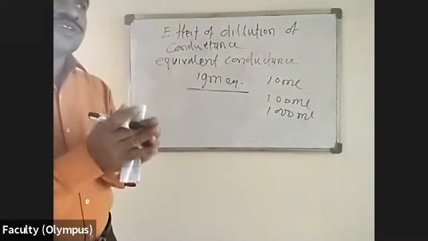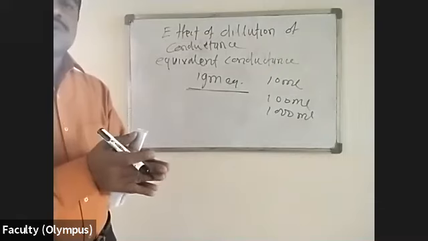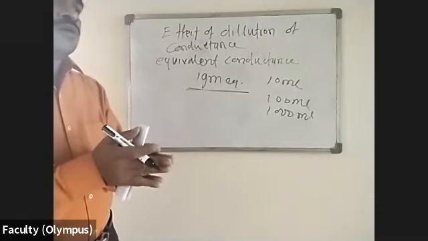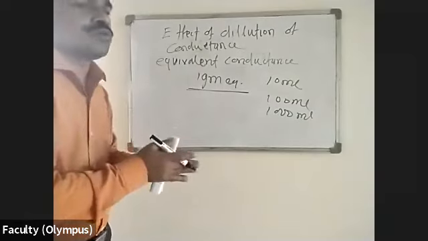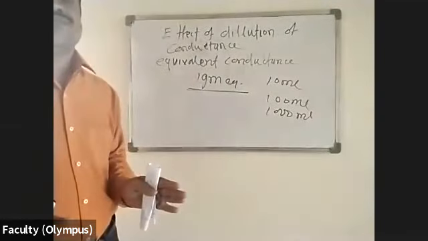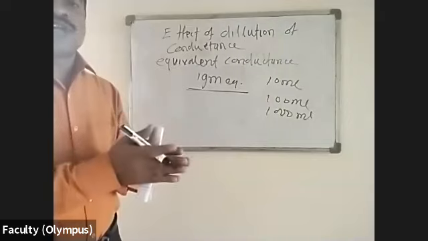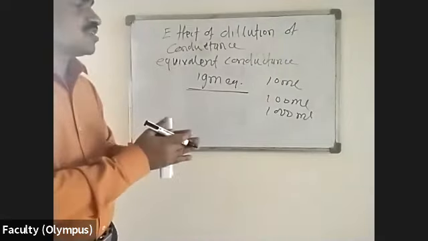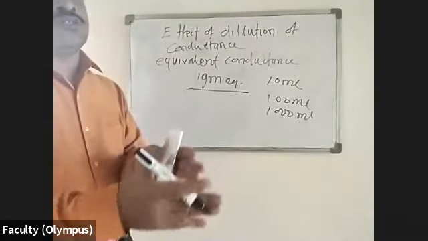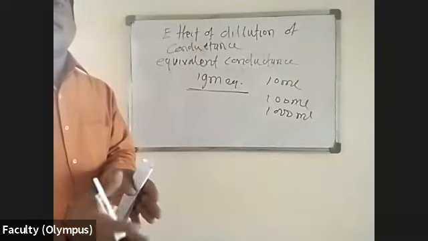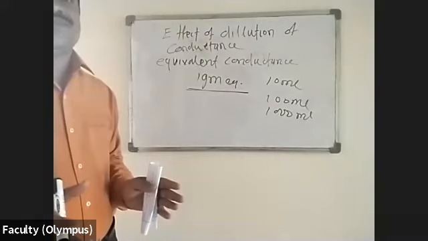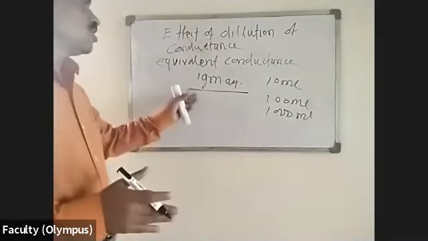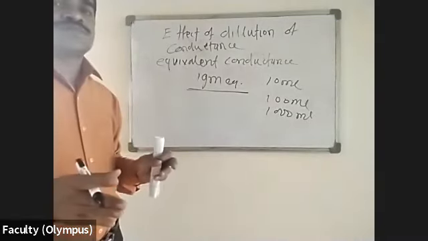After further dilution, there will be no change in the equivalent conductance. Up to some dilution there is an increase in conductance, and beyond that dilution there is no effect on the equivalent conductance because all the electrolyte is dissociated.